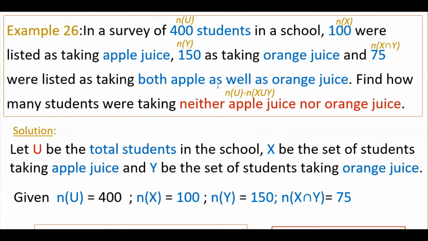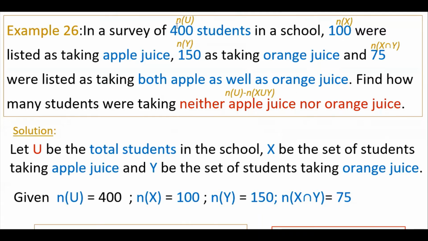And the students taking both apple as well as orange juice are n of X intersection Y, that is 75. So write the given values here. And here find how many students were taking neither apple juice nor orange juice. So we have to find this.